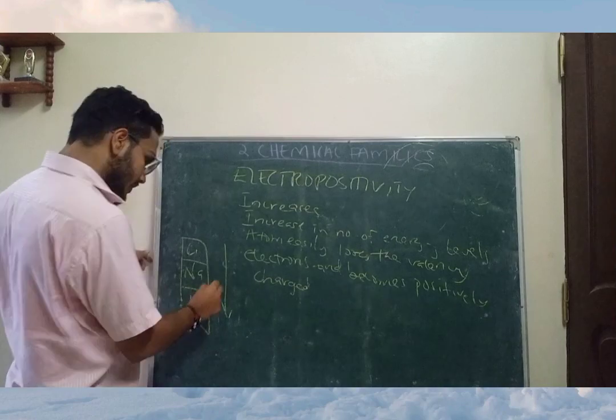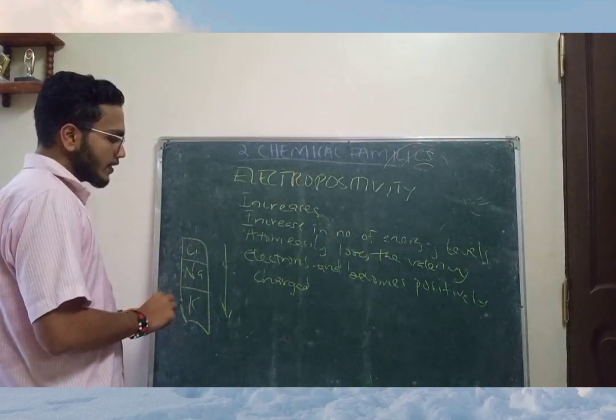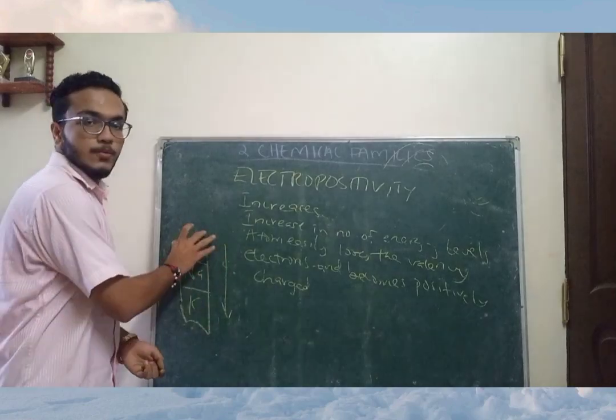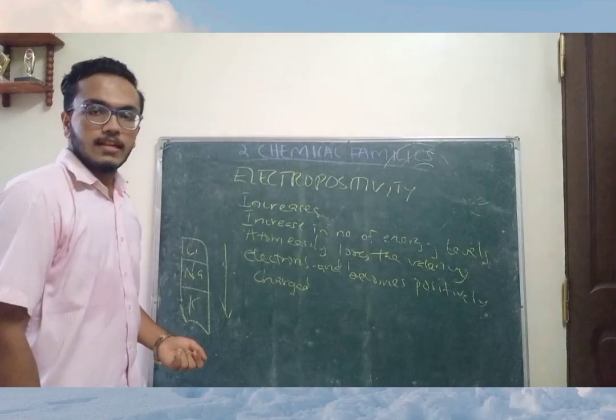So electropositivity increases down the group due to an increase in atomic radius, hence weaker nuclear force of attraction. The atom can easily lose its valency electrons.